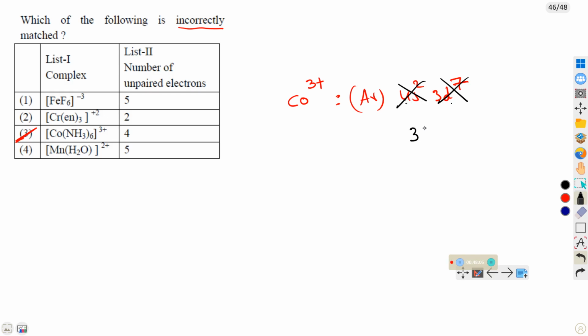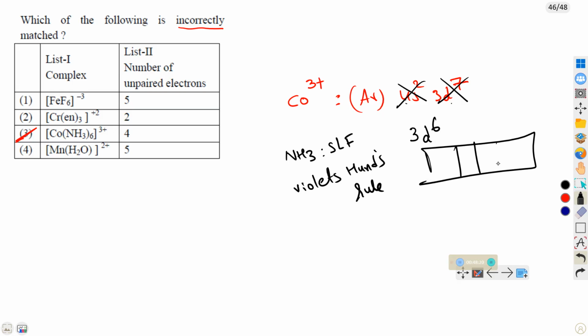Then 3d6 electronic configuration. NH3 is a strong ligand field, so the electrons pair up. 1 2 3 4 5 6, 0 unpaired electrons, but here 4 unpaired electrons are given. That's the reason this is wrong.